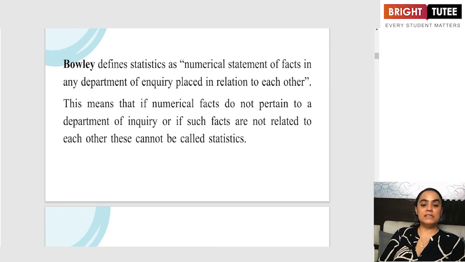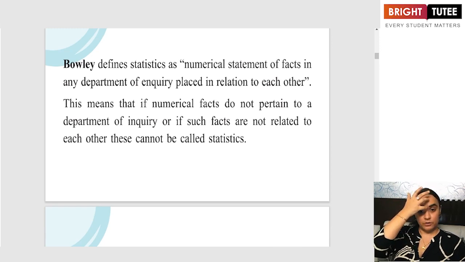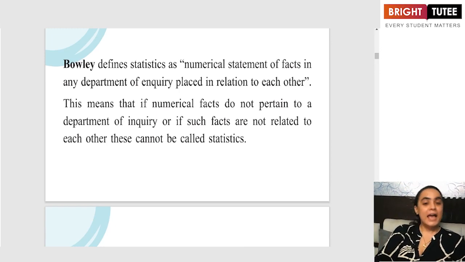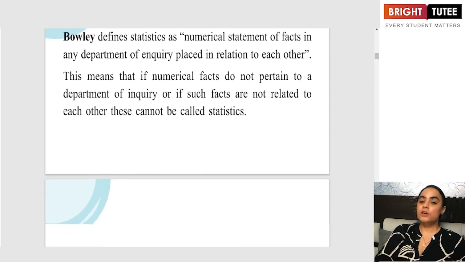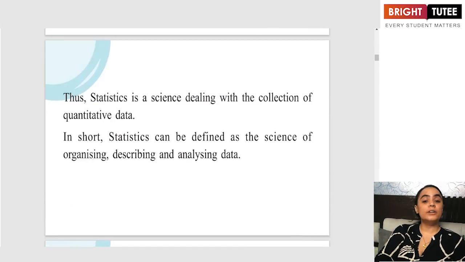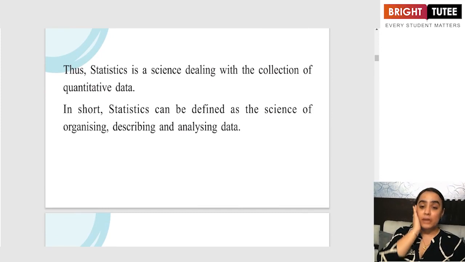This meant that the numerical data, the facts that were there, were not limited to only one department of inquiry. Rather, they could be used in multiple forms thereafter. So anything which is quantitative, which is related to numbers, is what statistics is all about.